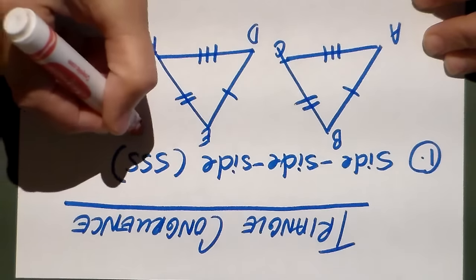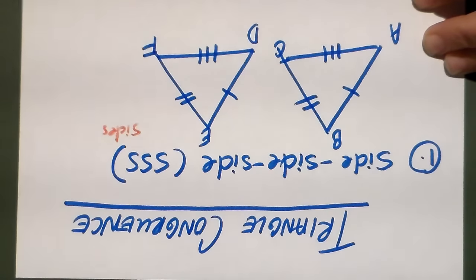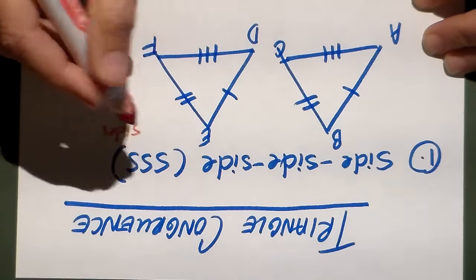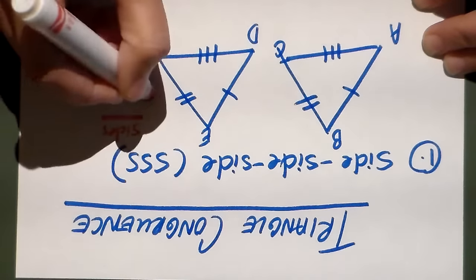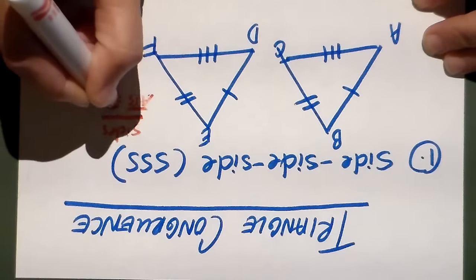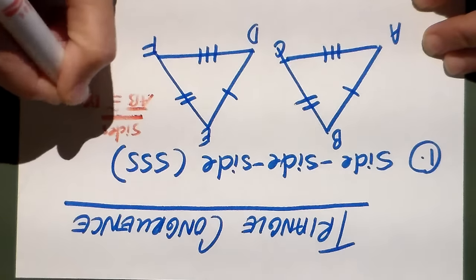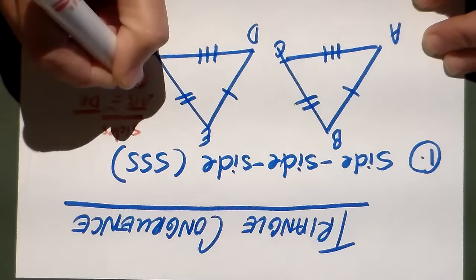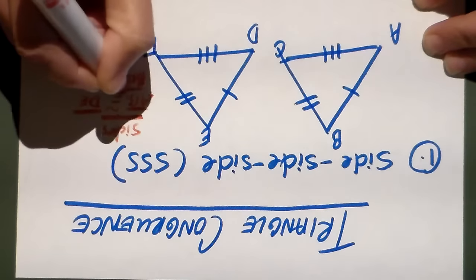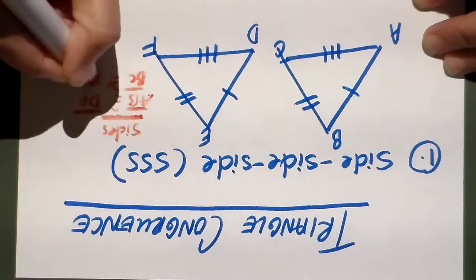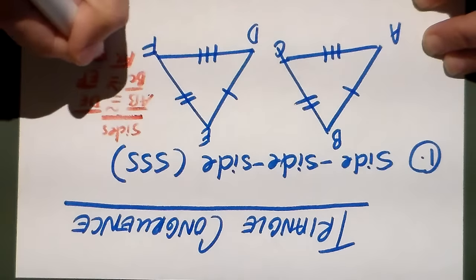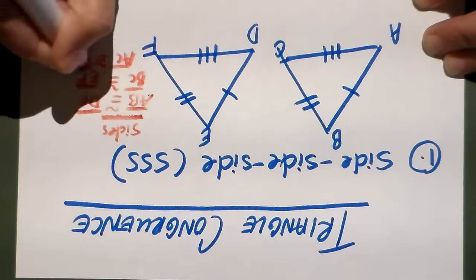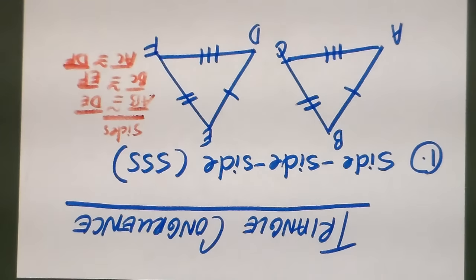So if I wanted to label the congruent sides that I have, I would say that AB is congruent to DE, and BC is congruent to EF, and AC is congruent to DF. So those two triangles are congruent by side, side, side.